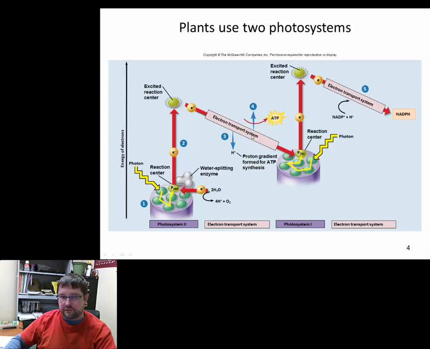But that electron keeps sliding down the electron transport system, and it ends up at the P700 site. Photon comes in, excites it again, it's picked up again, it moves down the electron transport chain again, and instead of forming ATP and having a proton gradient, that electron is picked up by NADP to form NADPH.